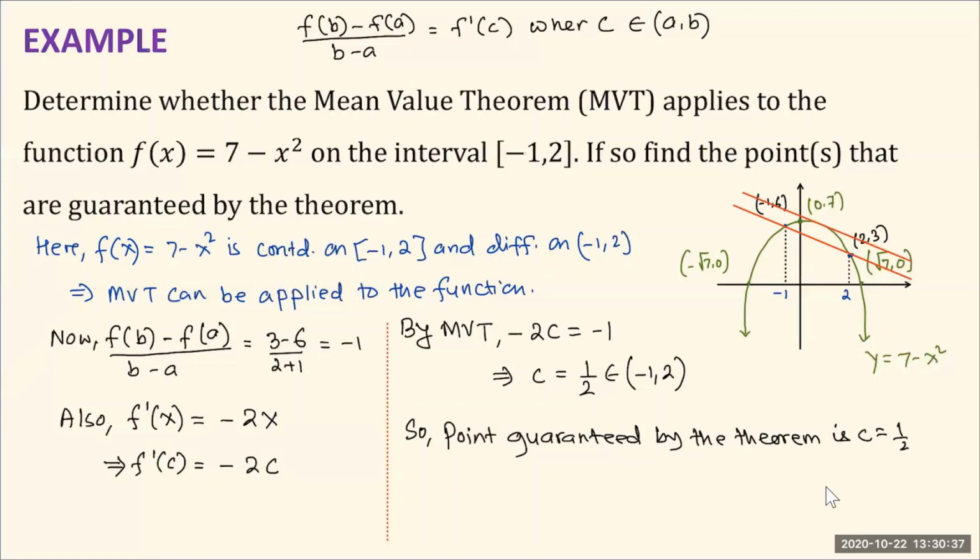And also, you can note one thing there. The value at which we have this tangent line, if we find that value on the x-axis, this value is x equal to half. So at half, between these two values, we can draw a tangent line which is parallel to this secant line. So that point x equal to 1 over 2, which is in this interval, is the value guaranteed by the theorem.